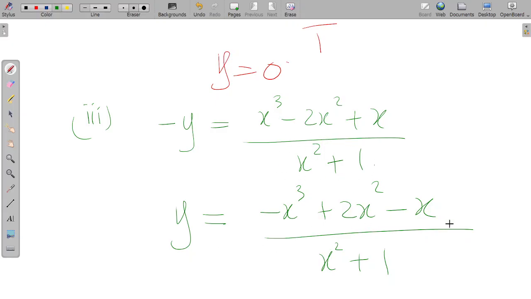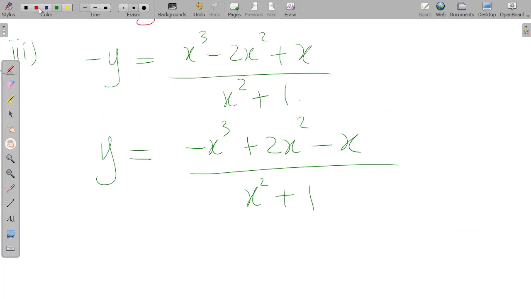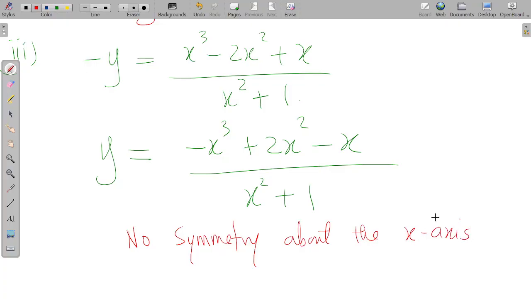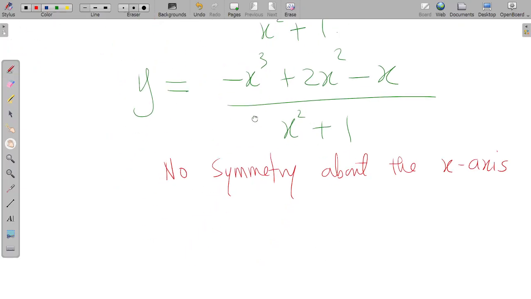Okay, so we can see this is what we get, and that is totally different from what we are given. So there's no symmetry, and you must conclude no symmetry about the x-axis. Please make sure you always conclude no symmetry about the x-axis.